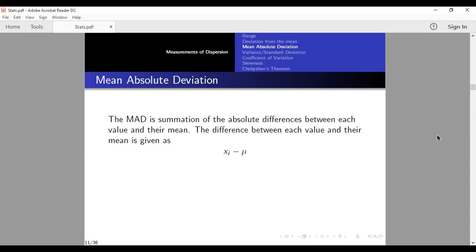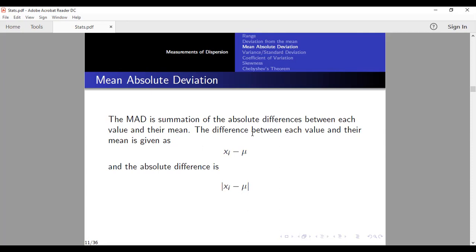So this is the difference between the individual value xi, remember what we talked about xi in our first video, minus mu, the population mean. Now for the absolute difference, we simply put the absolute value.